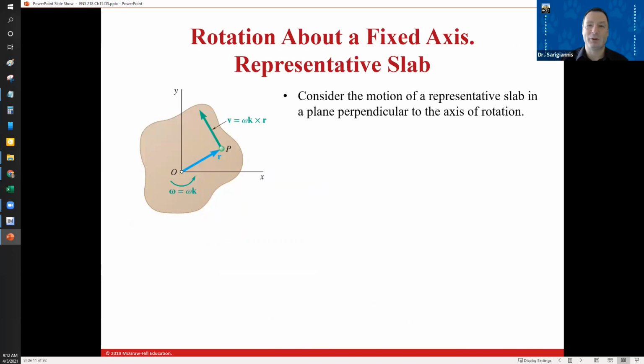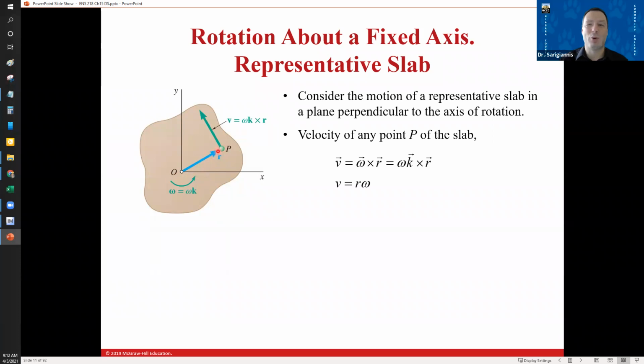Let's look at a very simple example. You've got this slab, like a large chunk of rock moving in space, and it's in motion here. Notice the coordinate system they drew, right?